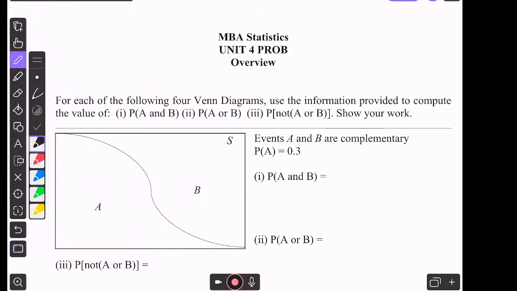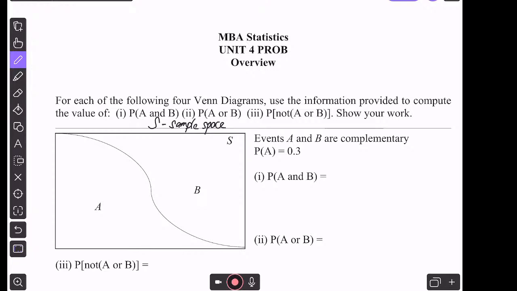And it represents all the possible outcomes.